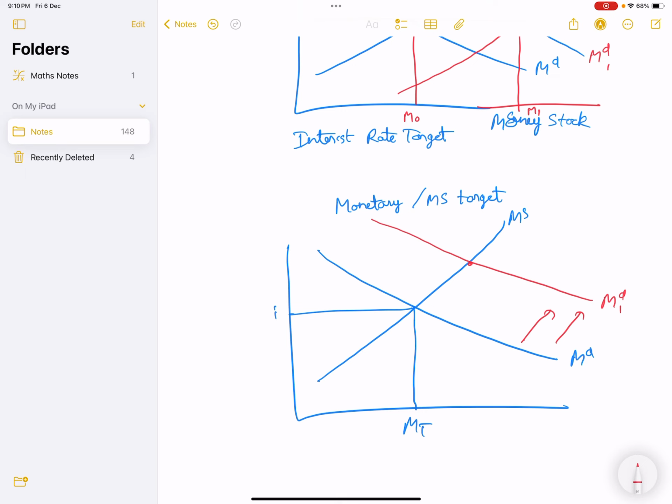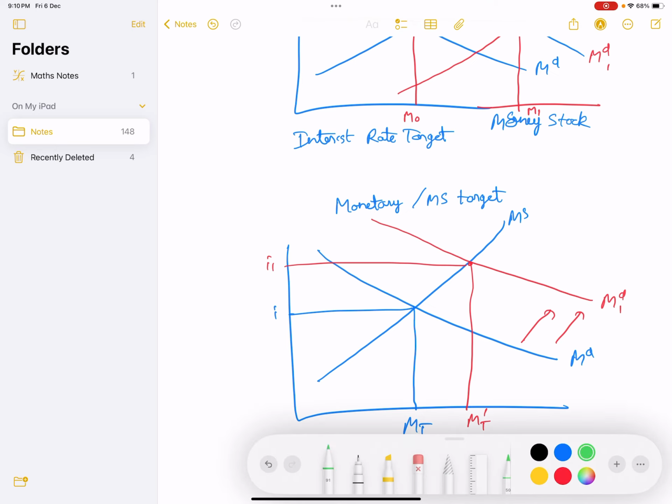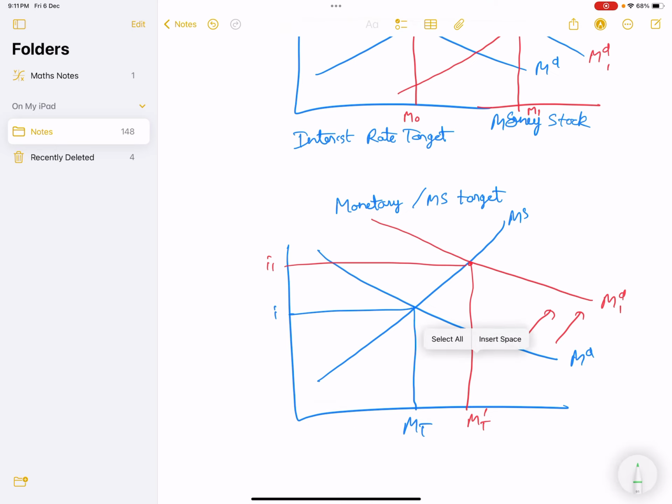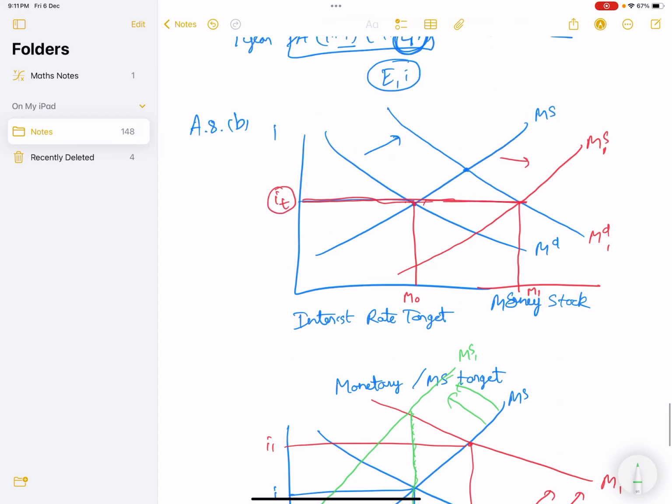We get MT1 and I1. Now to get back to the money target, the bank can reduce the money supply so that it intersects at this point and we are back to our original monetary target. You can draw different cases to explain it.